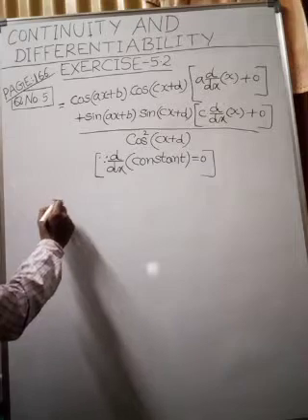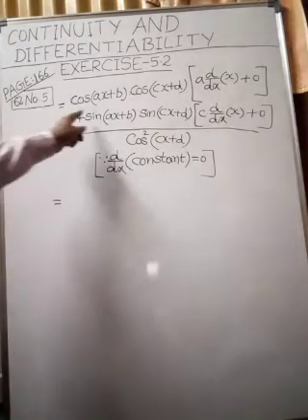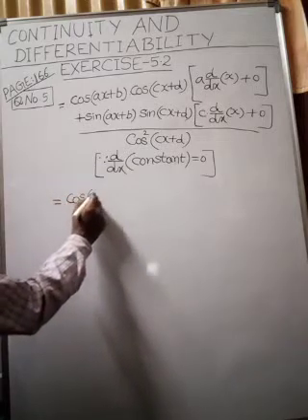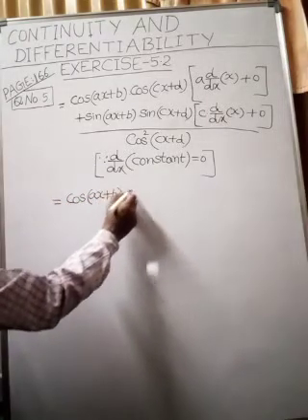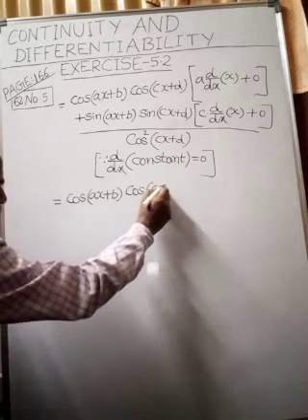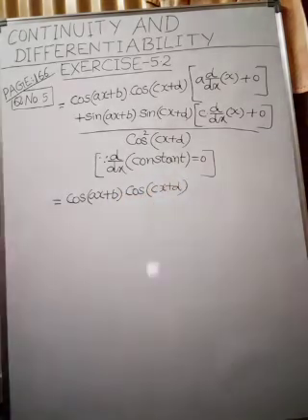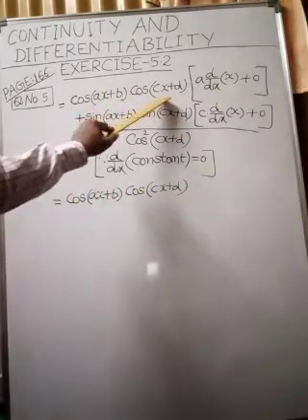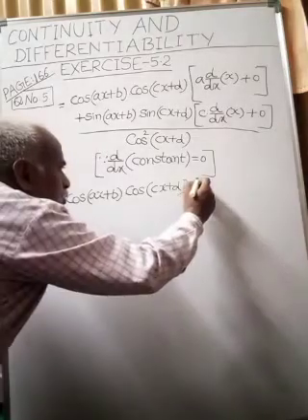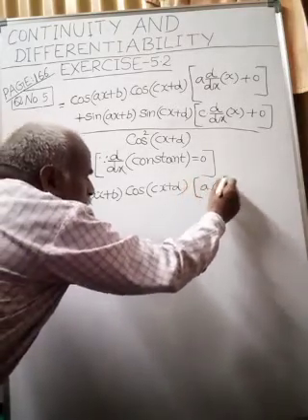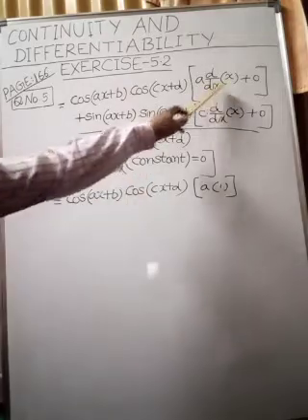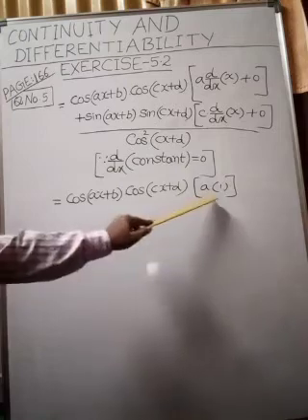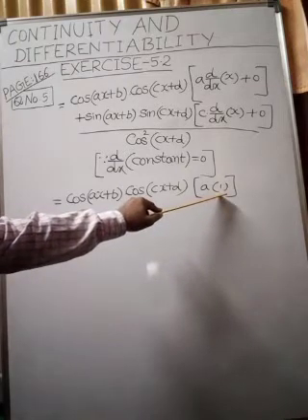This is equal to, we write this part as it is, cos of ax plus b into cos of cx plus d. We write this entire part as it is, into a into d by dx of x. What is the d by dx of x value? 1. So I wrote here 1. Understood this part, my dear children?